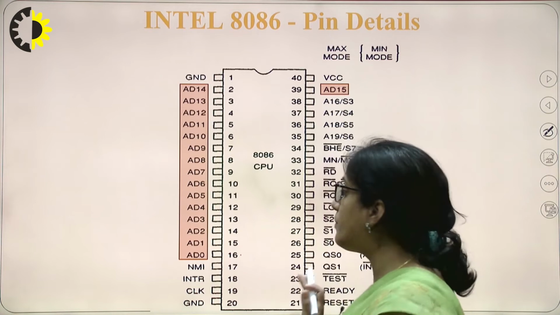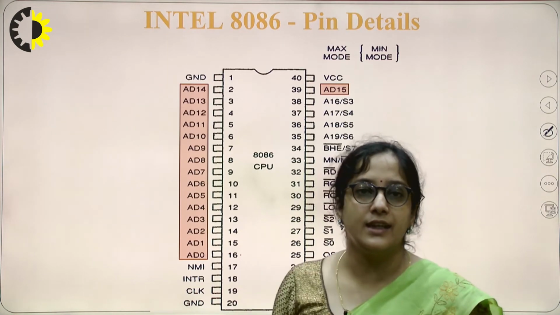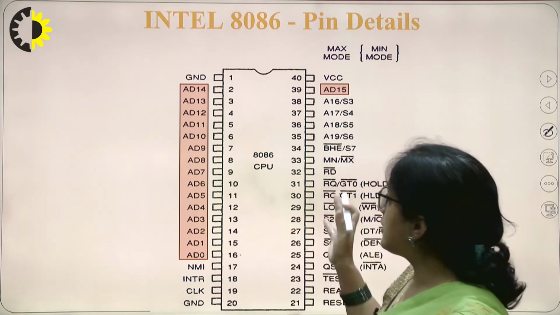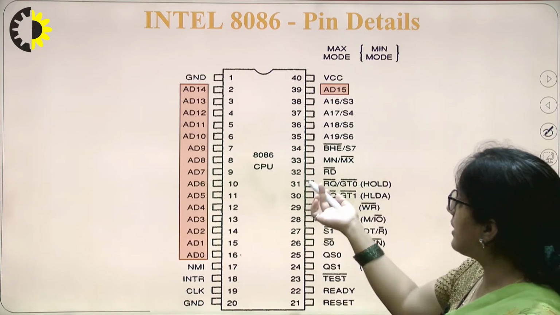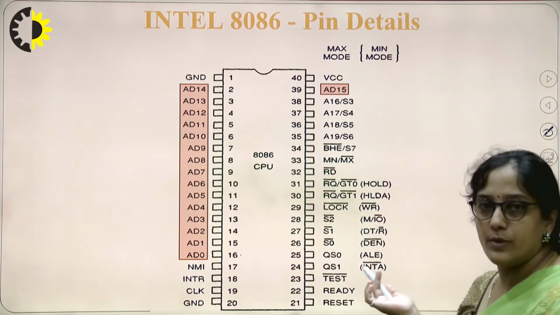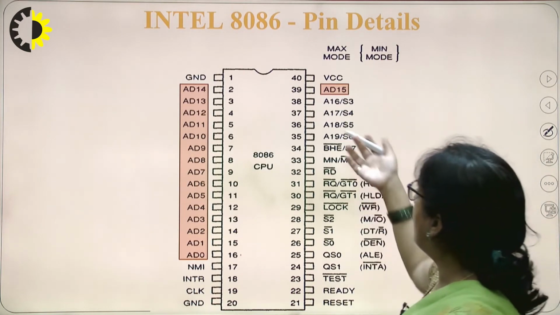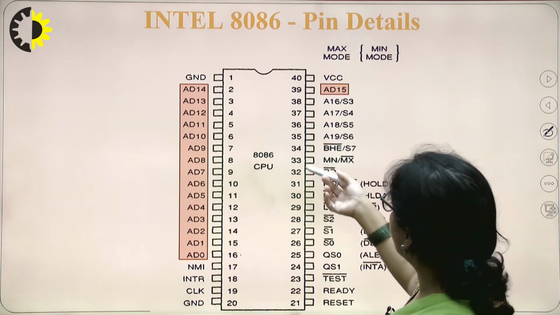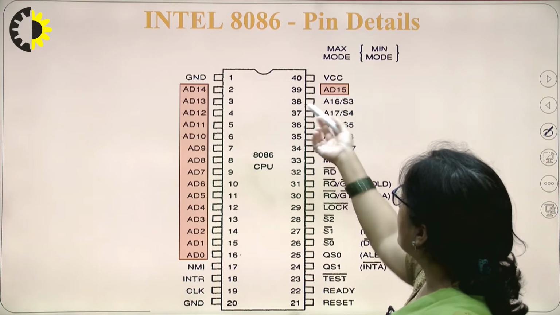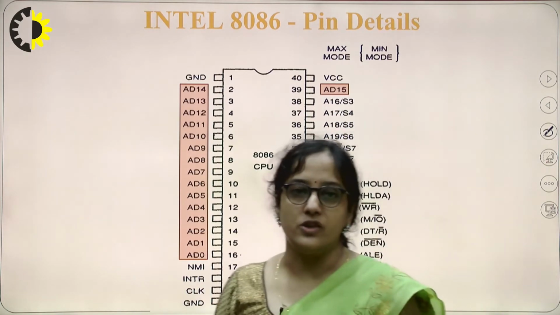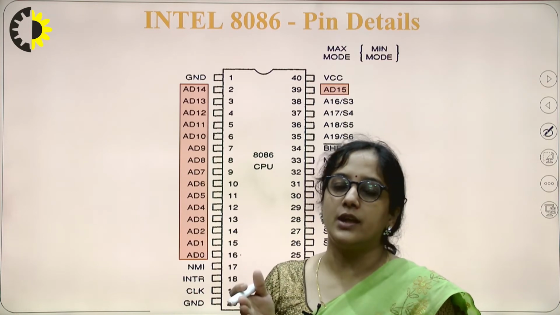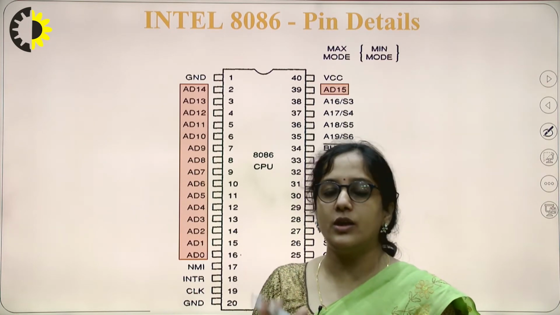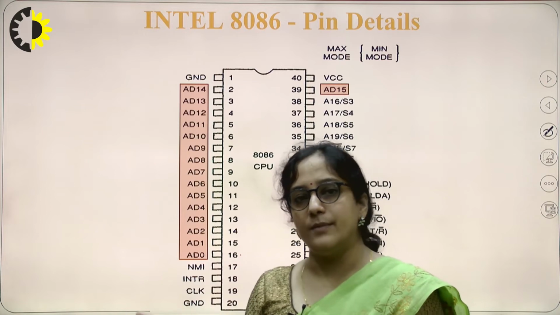Why are we going for multiplexing of address and data lines? In the case of 8086, you also see many more signals which are multiplexed, like pins 24 to 31. These pins also have dual working. Here you can see from 33 to 38, all these pins are dual in nature. At one time they work for one operation, and at another time they work differently.